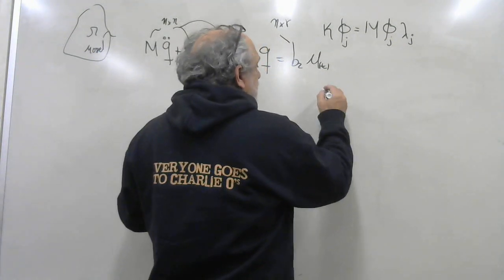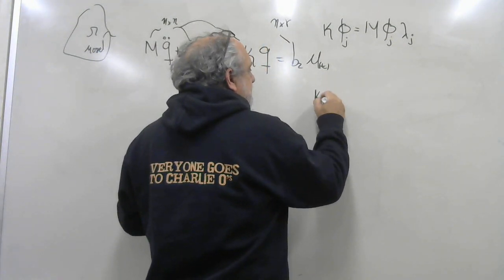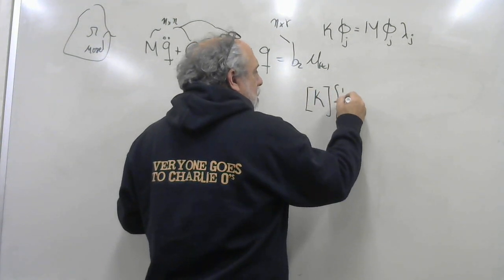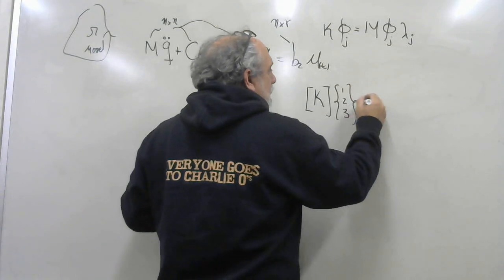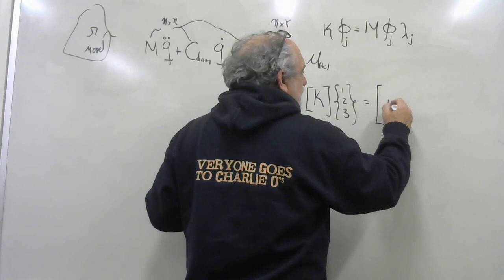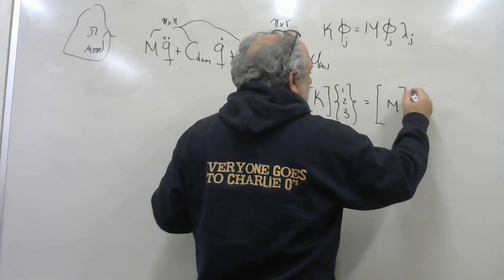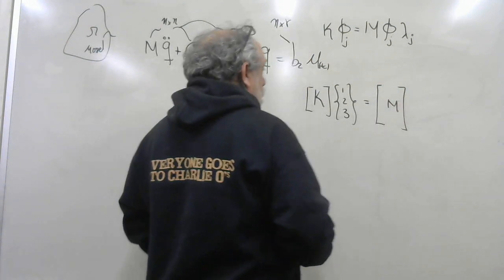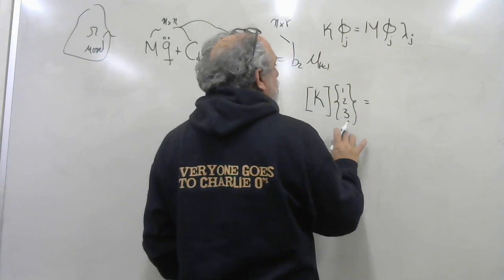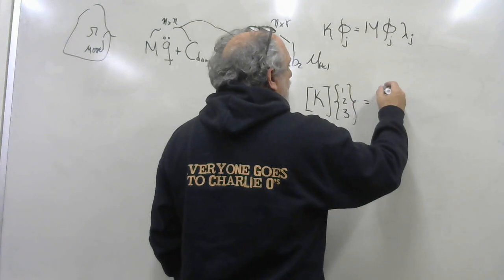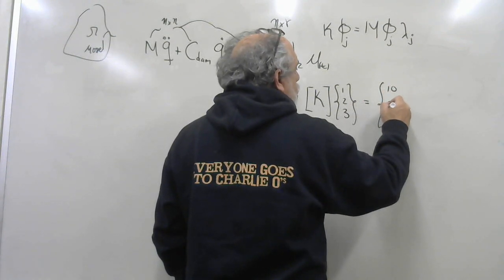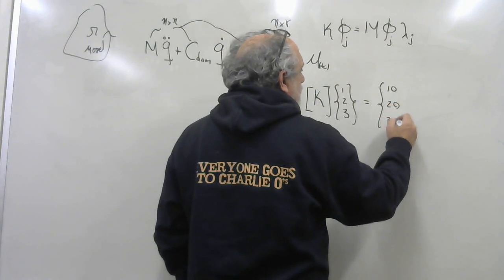To be explicit, if we had a stiffness matrix and 1, 2, 3 was a mode shape, that means that if we multiply K times phi, we may find that the output is 10, 20, 30.